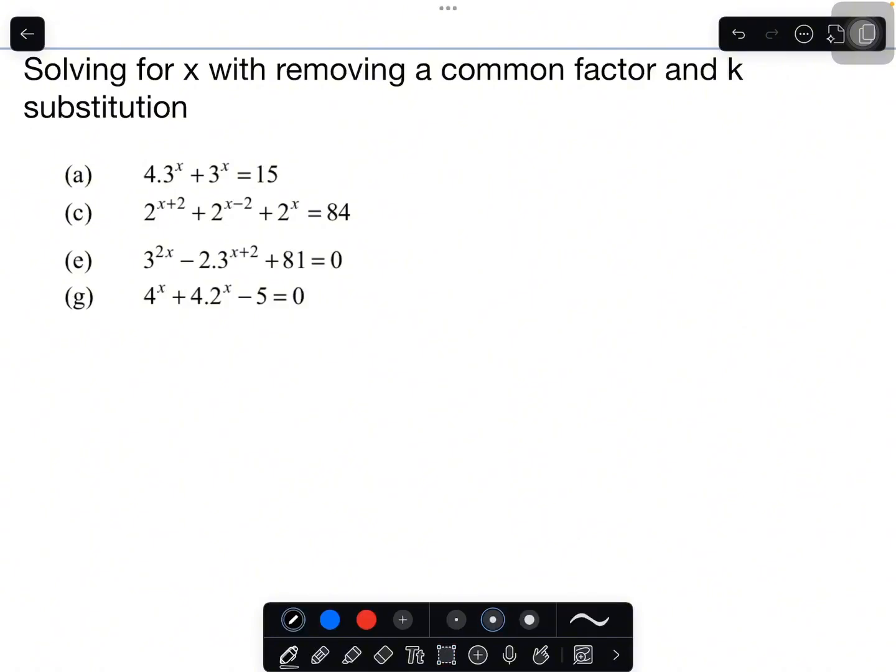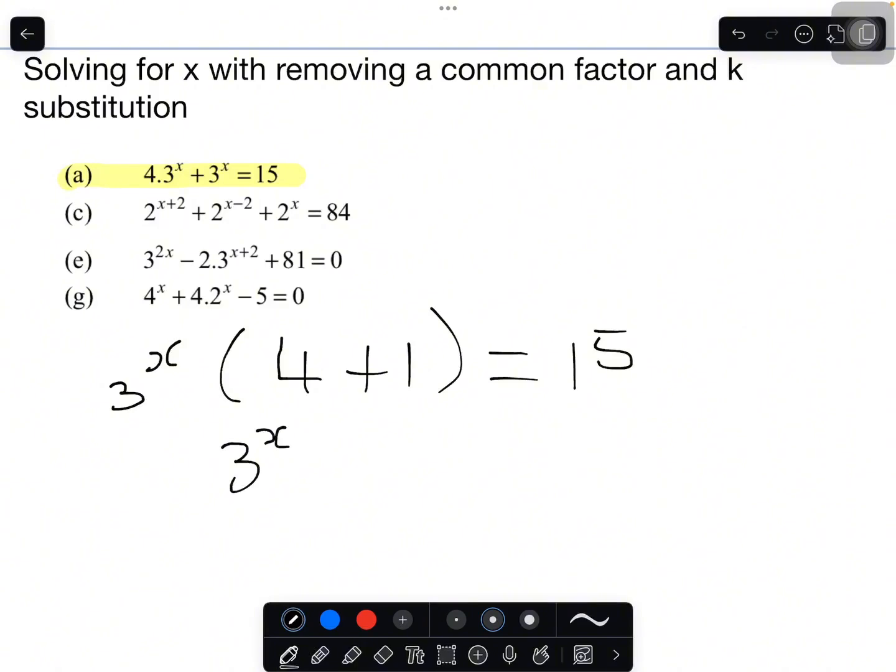So when we're looking at this, we can take out 3 to the x as a common factor. We're working with this sum right here. We can take out 3 to the x as a common factor, and we're left with 4 plus 1 equals 15. 3 to the x into 5 equals 15. 3 to the x equals 3.